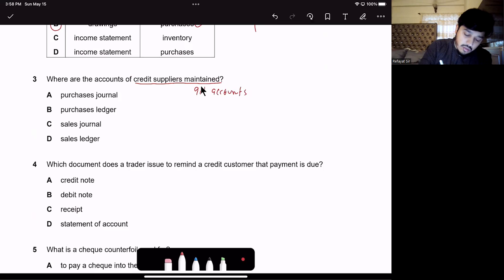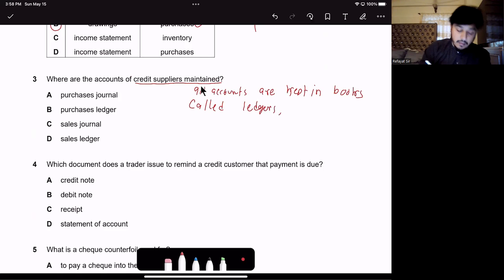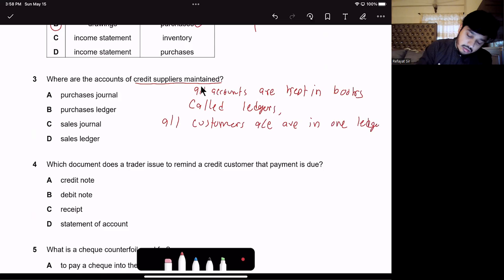All accounts are kept in books called ledgers. As we all know, all customers' accounts are in one ledger book called the sales ledger or trade receivable ledger. That's the new name given to that.